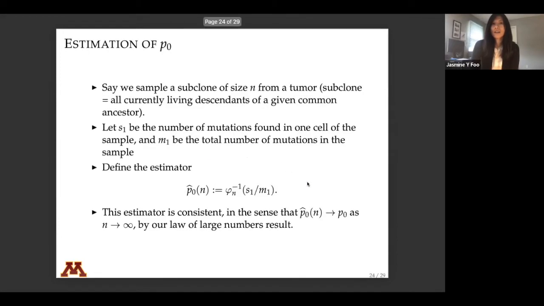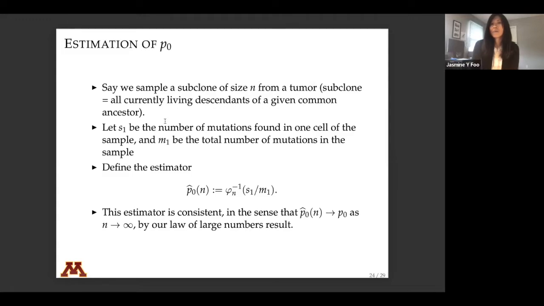And so to apply it practically and estimate P naught, we can sample a subclone of size n from a tumor. We define a subclone as all currently living descendants of a given common ancestor.